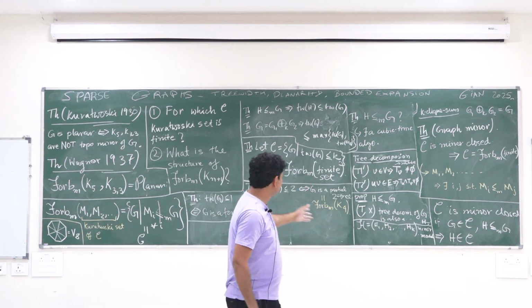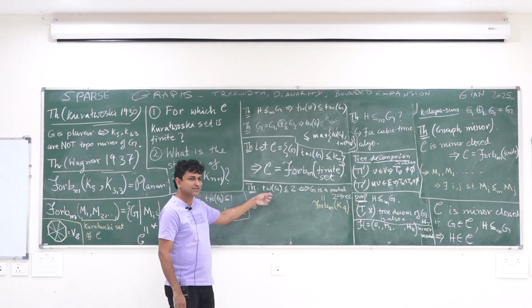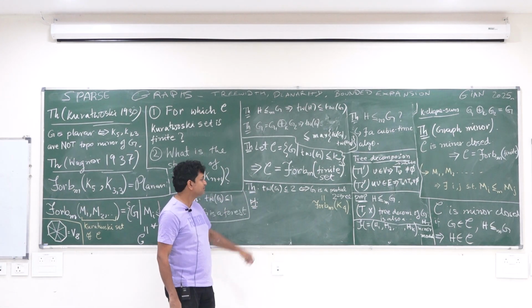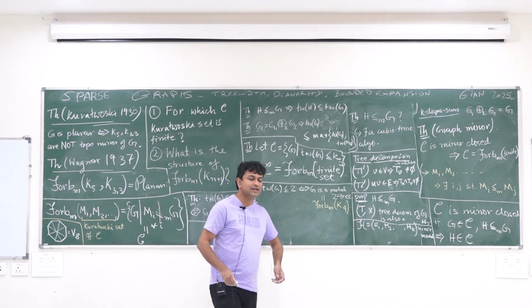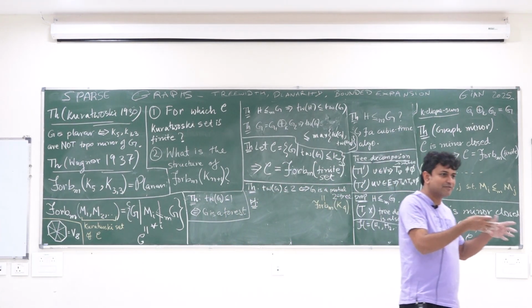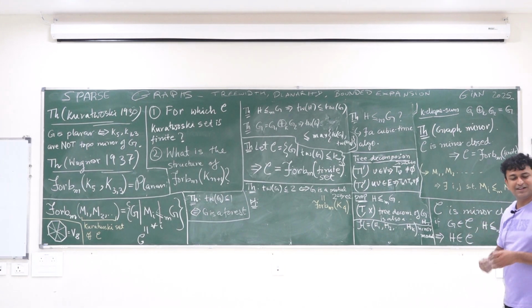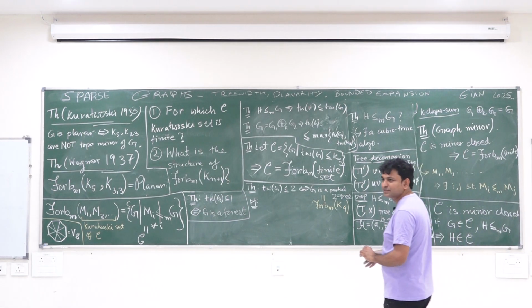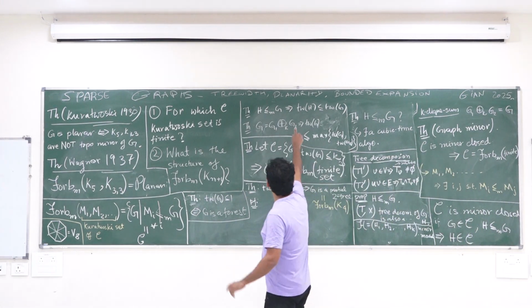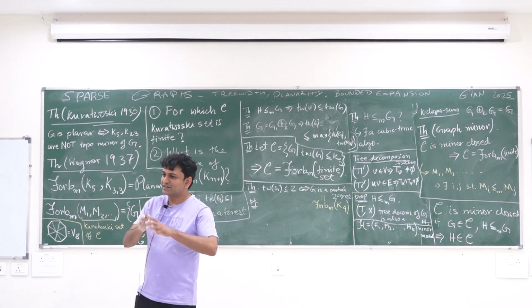So what is the tree width of K4? It is 3. So of course K4 is not here. And if something has K4 as a minor, that thing's tree width will be at least 3 or more, because of this one. So definitely it has no K4 minor.